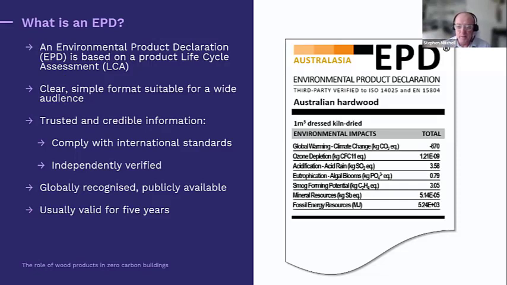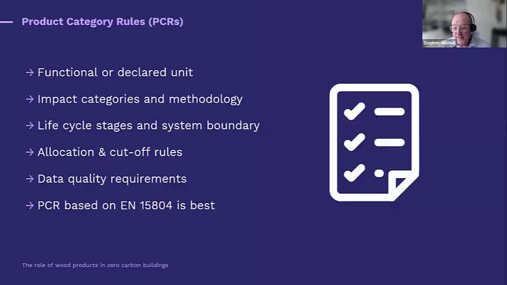I prefer the term, it's like a measure of environmental performance of a building or construction product is an EPD. They comply with what we call product category rules. Building and construction products comply with product category rules based on the European standard EN 15804. They include information like a declared unit.